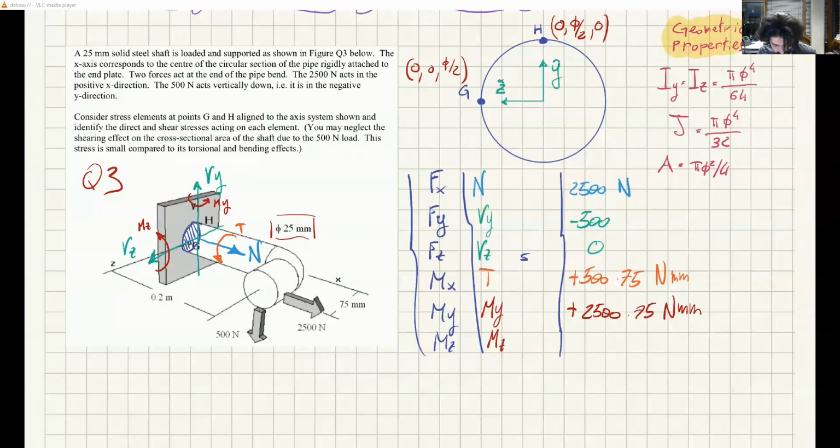So this one gives no moment around z, but this one is applied at a distance of 0.2 meters, also perpendicular to z. So I will say this is 500 newtons times 200 millimeters, so 500 times 200 Newton millimeters.